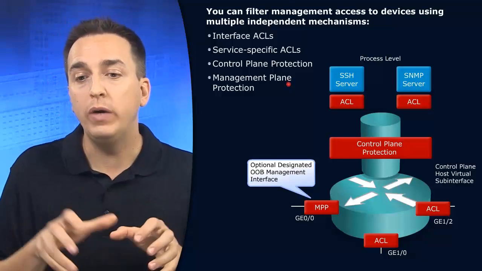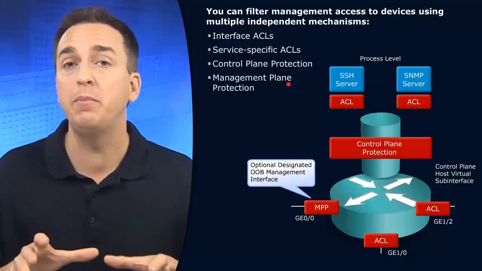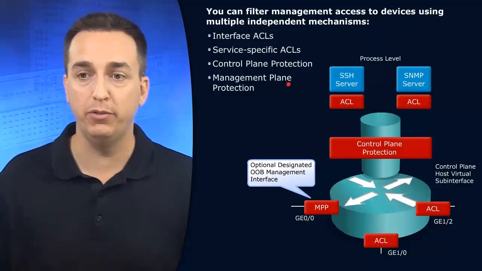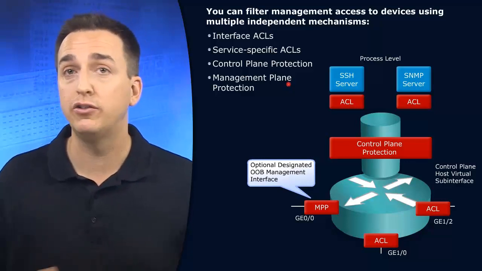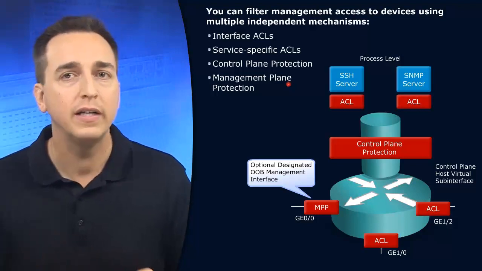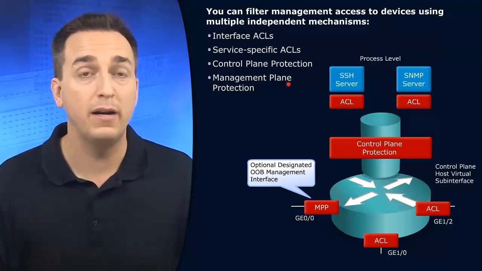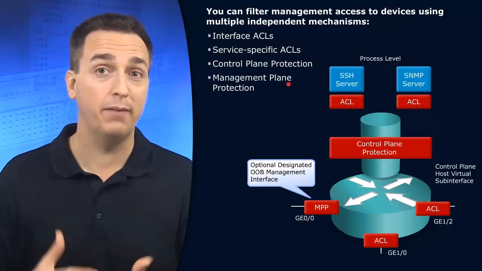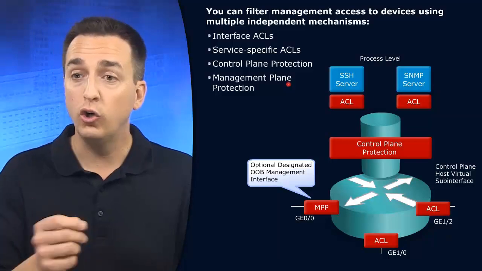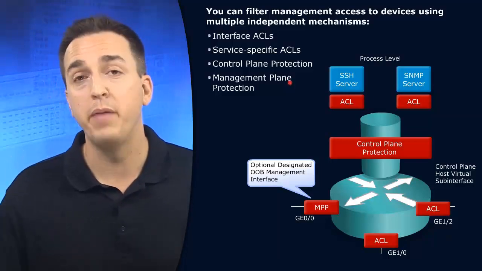So now we are ensuring that certain interfaces are never going to be burdened by management traffic. They're simply going to be able to just do their job and forward the data traffic that they need to forward. So we get a lot of benefits by controlling the interfaces that are allowed management traffic inbound. We can get many benefits by using control plane protection, setting up those quality of service filters, and then on a granular level, just specifying who is allowed to do what when it comes to various services from a management perspective.